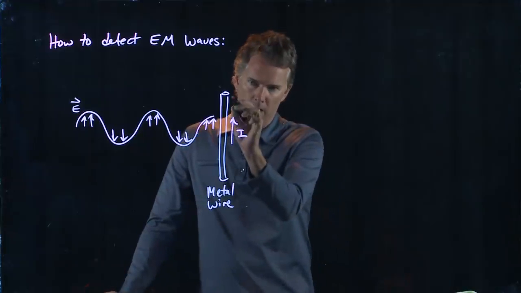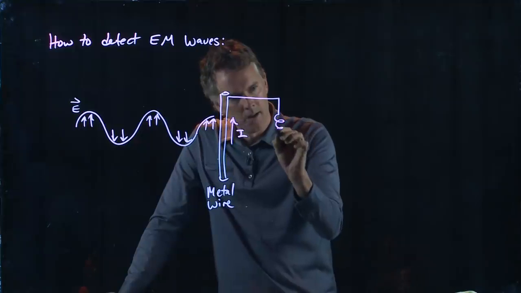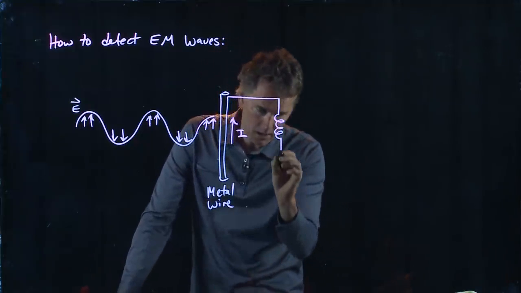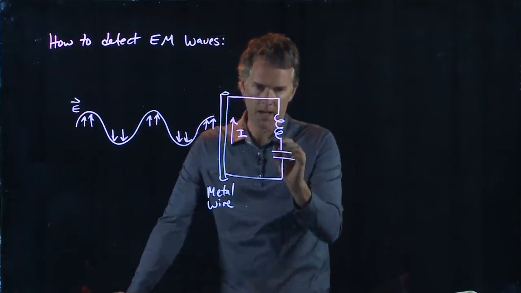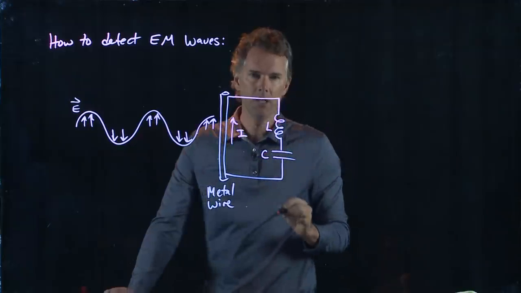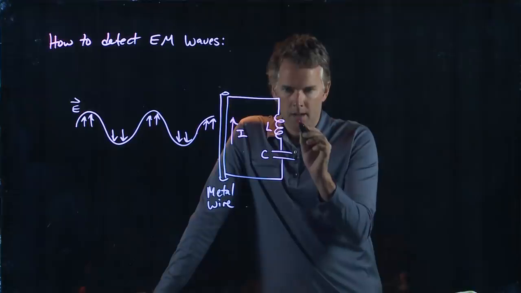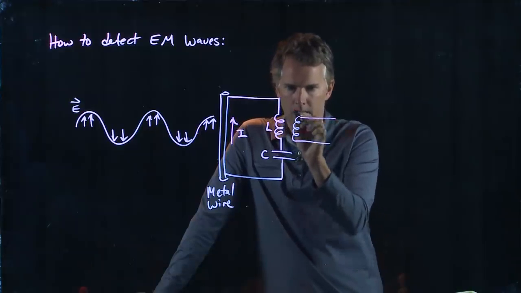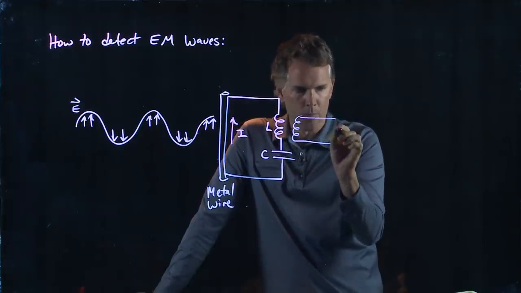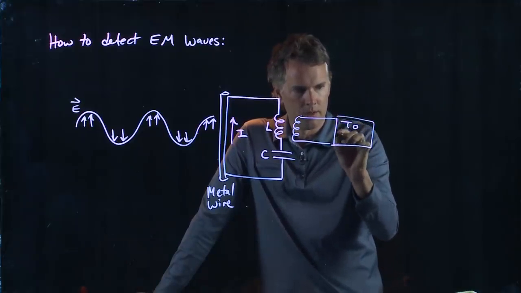All right, let's take this whole wire and let's connect it to a circuit. And let's connect it to a circuit that you are familiar with now. Okay, let's put in an L and a C in our circuit. And let's connect another inductor right there. This looks like a transformer, and we're going to send this signal to an amplifier.